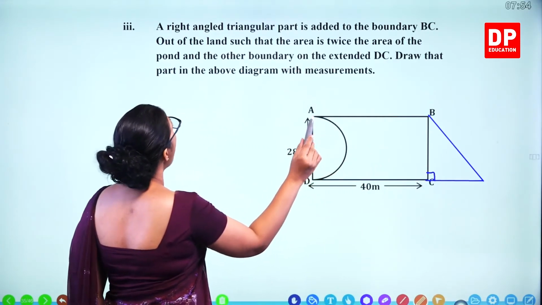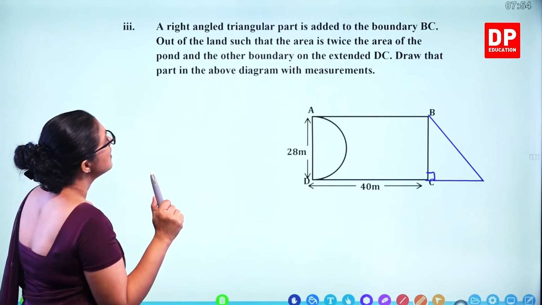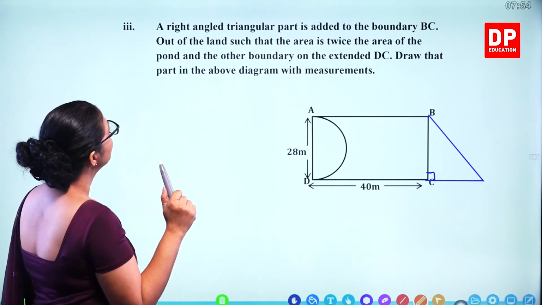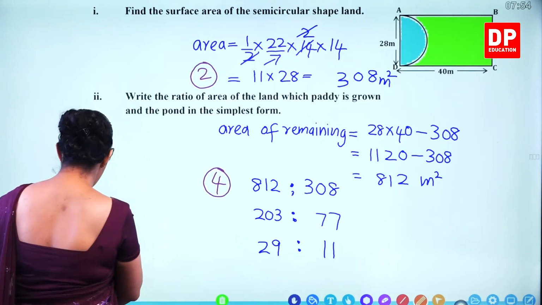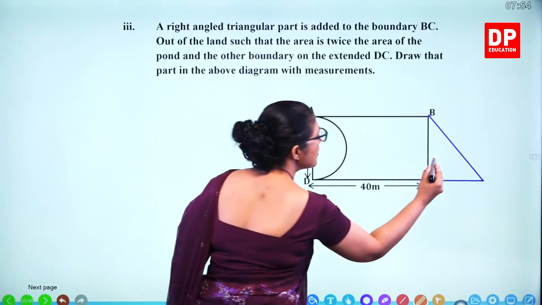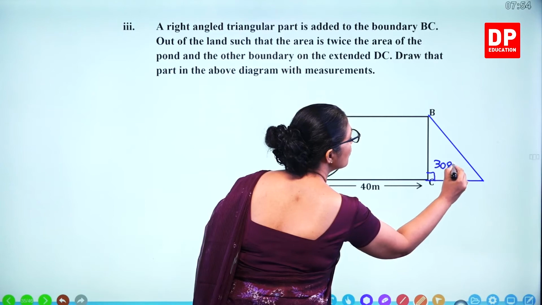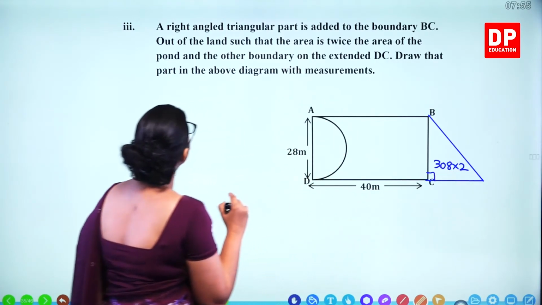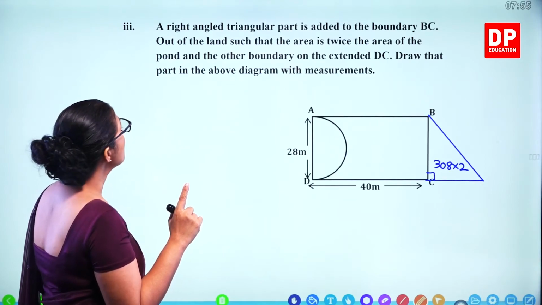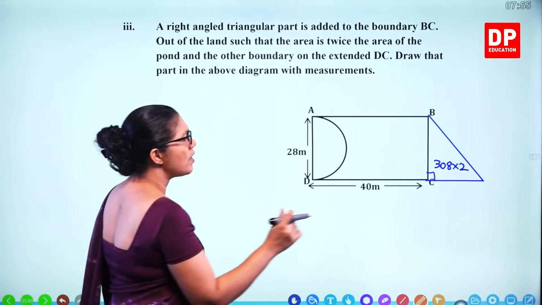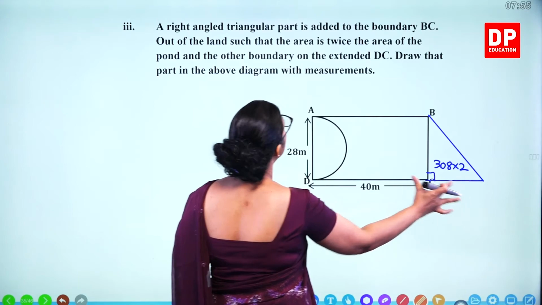So area of that is double the pond area. Pond area is 308. So this is 308 into 2. So extend DC. You need to find out this length.